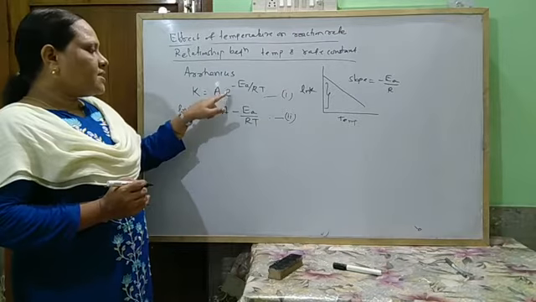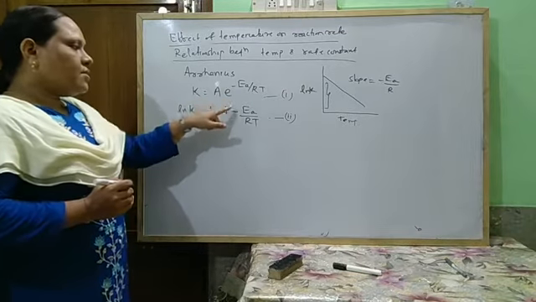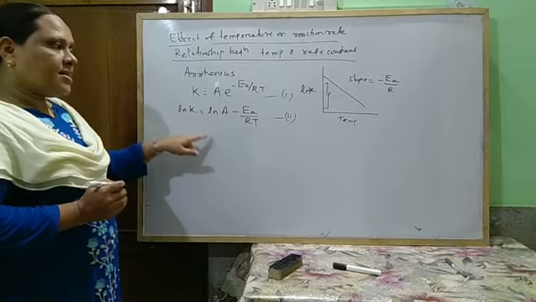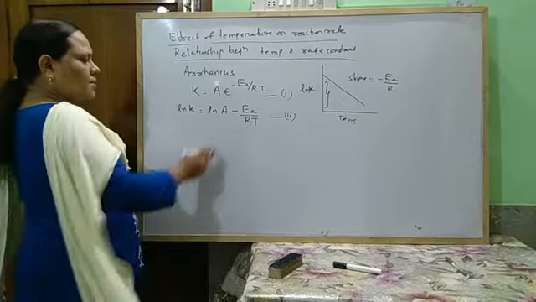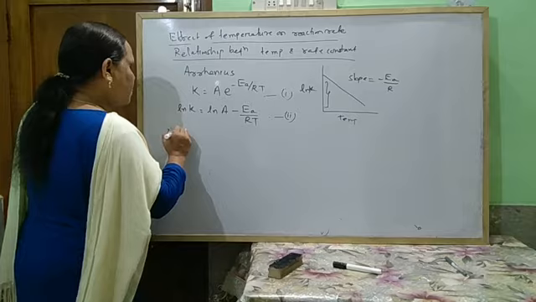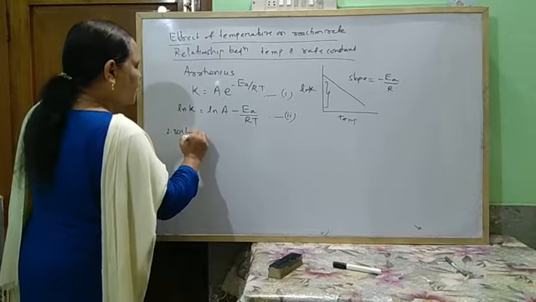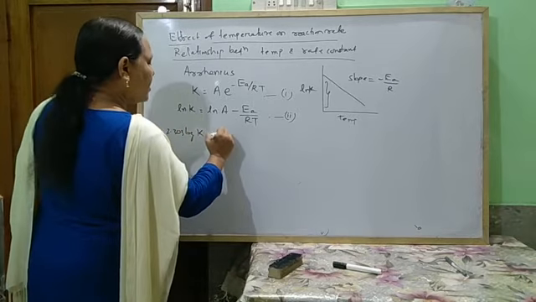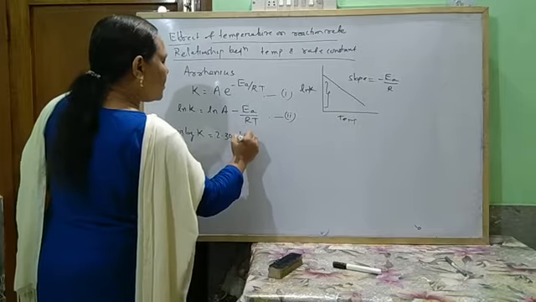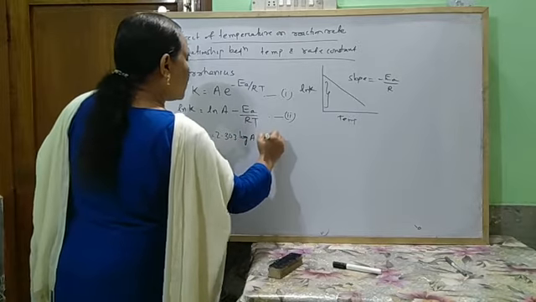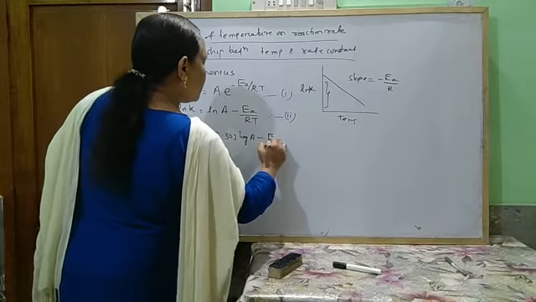If we express this equation in logarithm to the base 10, then what happens to this equation? So 2.303 log k equal to 2.303 log A minus Ea by RT.